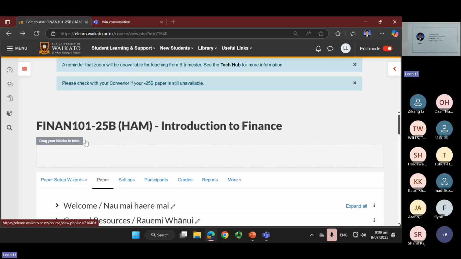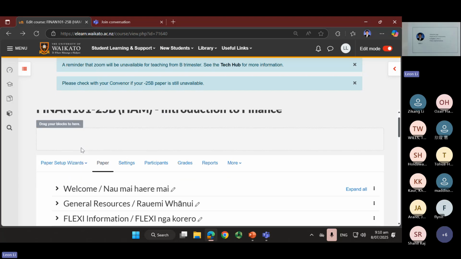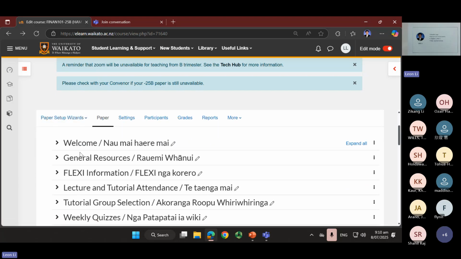So this is an overall introduction to our Moodle page. Please review our Moodle page and take a look at the instructions for each assessment component. If you have any questions, you are welcome to discuss with me after the class. So we have done the Moodle page and the assessment components.